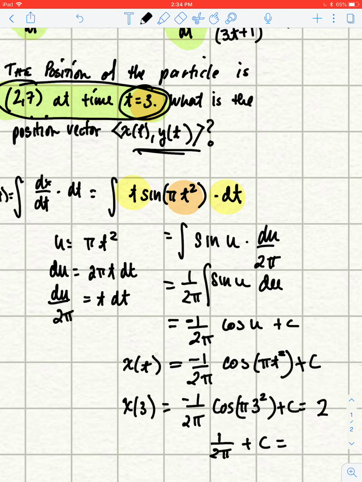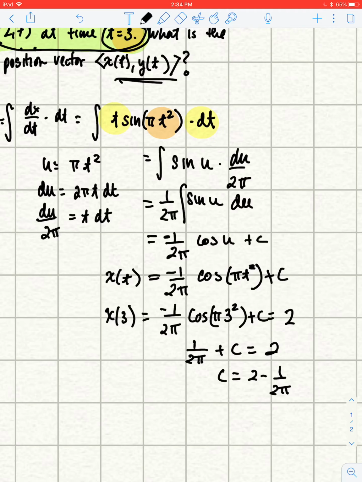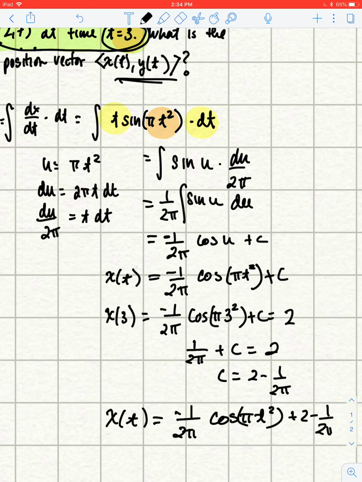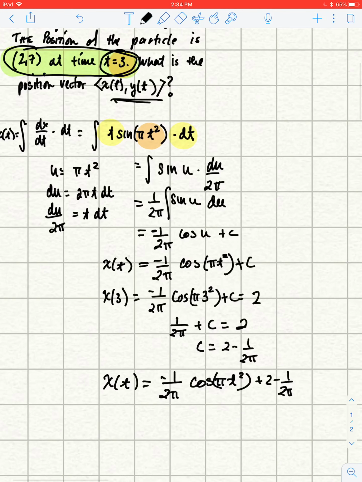So we got 1 over 2 pi plus c equals 2, and then c equals 2 minus 1 over 2 pi. So then that would be your c for here. So we got x of t equals -1 over 2 pi cosine pi t squared plus 2 minus 1 over 2 pi. So it looks like that.